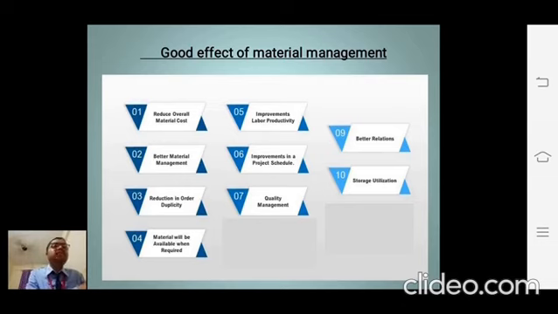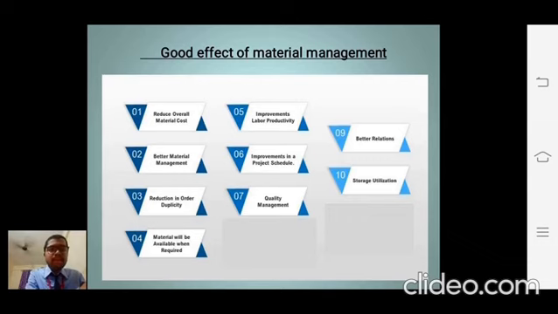What is the good effect of material management? What is the chance of success of this product? First, it reduces the overall material cost. If we manage the material very well, it reduces the cost. I think we discussed this before in our session.